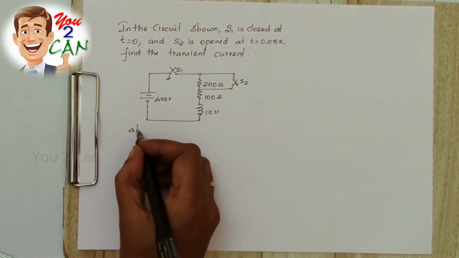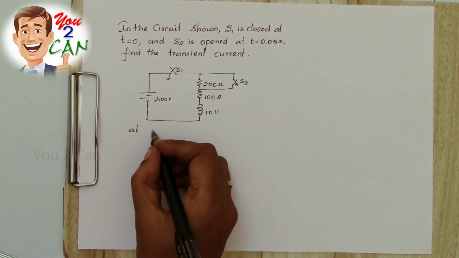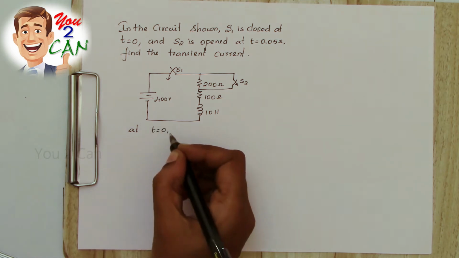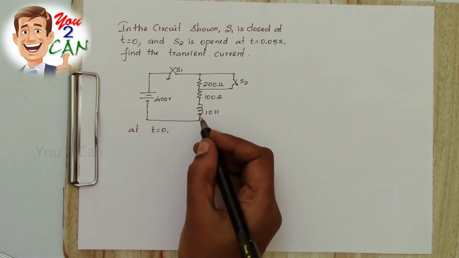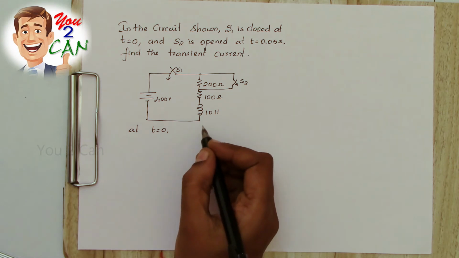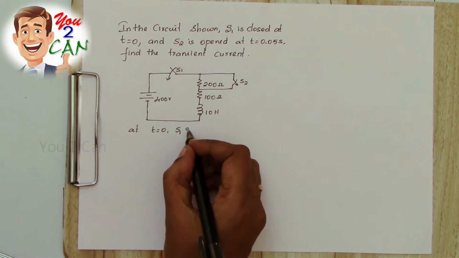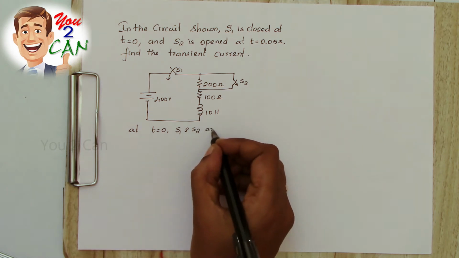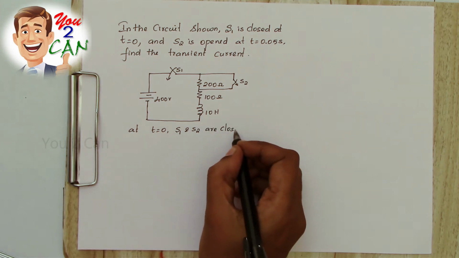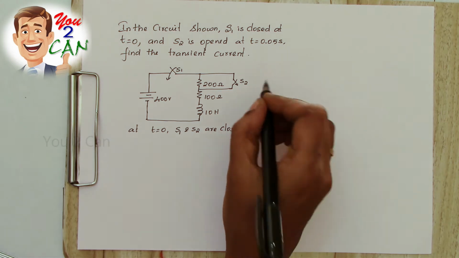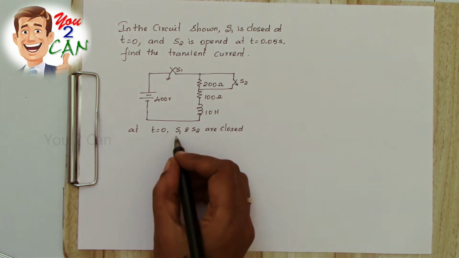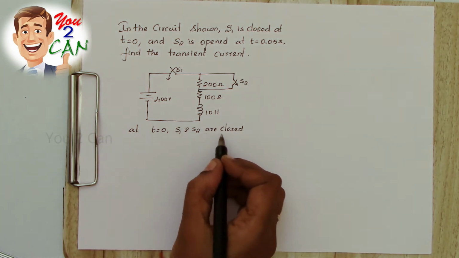So remember this, at t equal to 0, when S1 is closed, S2 is also at closed position. So S1 and S2 are closed. After 0.05 seconds only S2 is opened.